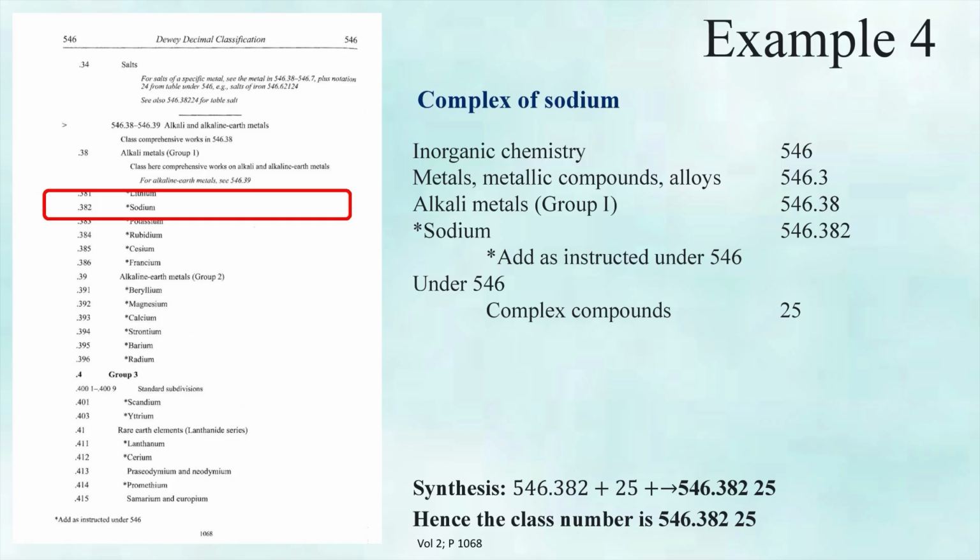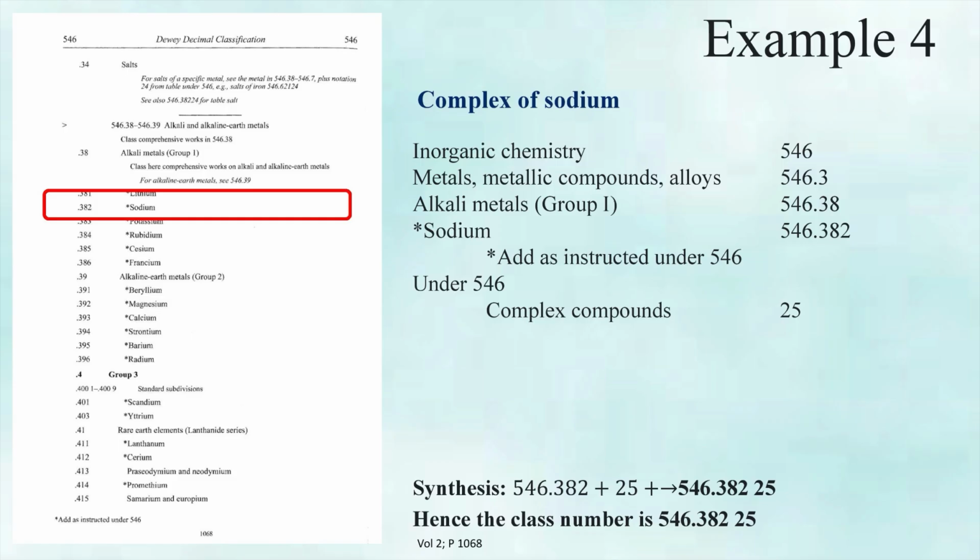Some of you have heard that the periodic table is there to allocate the place of the different elements we have discovered yet according to their characteristic or nature. So these are the alkali metals of group 1. The number for it is 546.38, under which 546.382 is sodium.